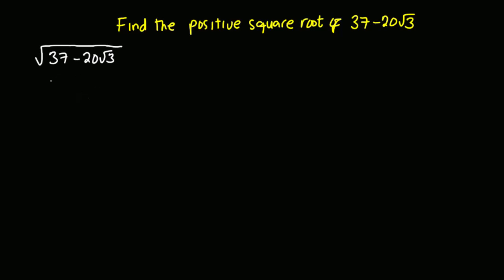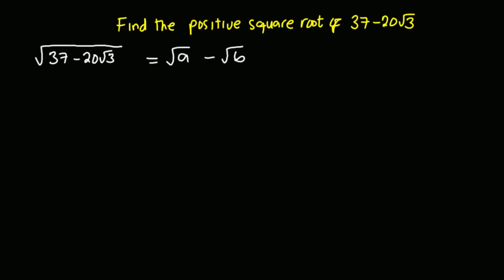So generally, if you have something like this, the final result will always be in the form square root of a minus square root of b. Assuming this was to be positive, then it will be square root of a plus square root of b.